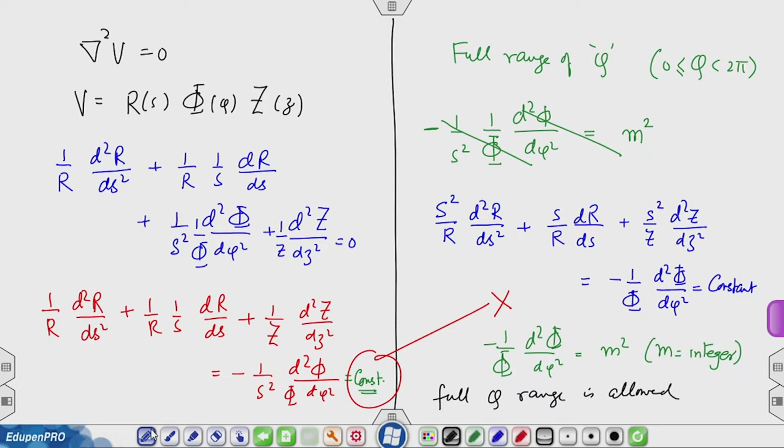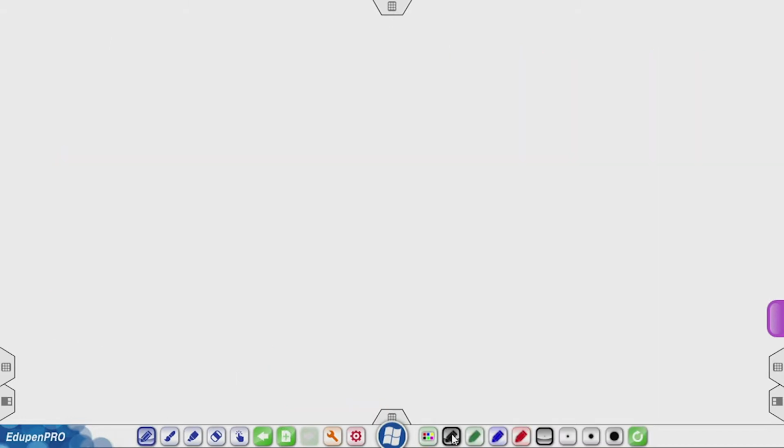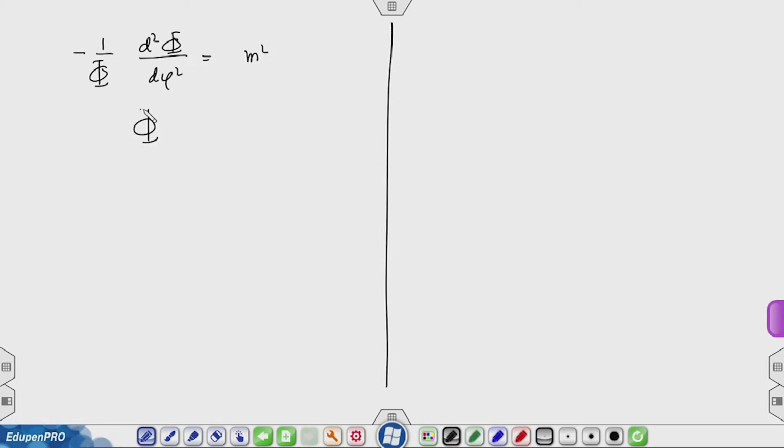So with minus 1 over Phi d2 Phi over d phi square equals m square, I have Phi double prime, where double prime represents the double derivative, plus m square Phi equals 0, or Phi equals sine m phi or cosine m phi.